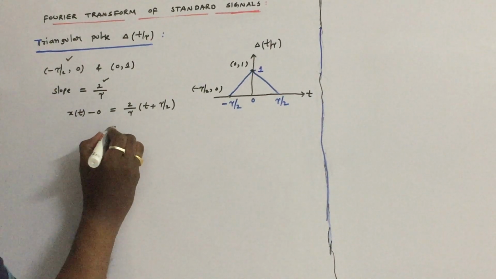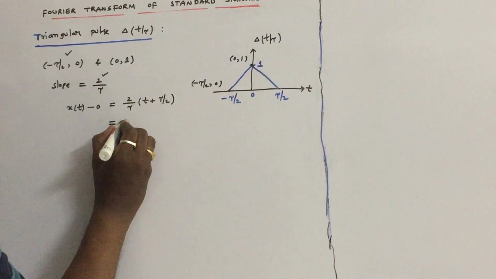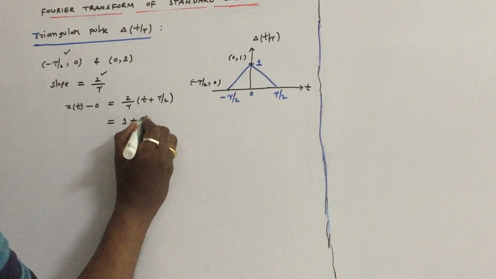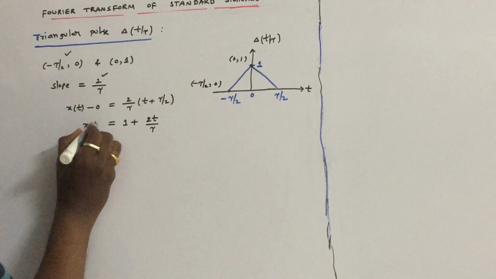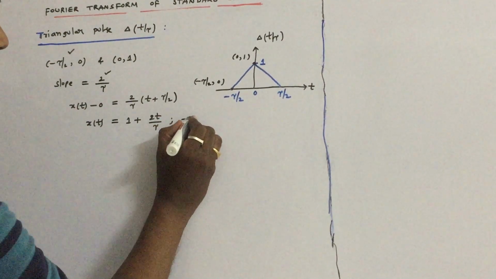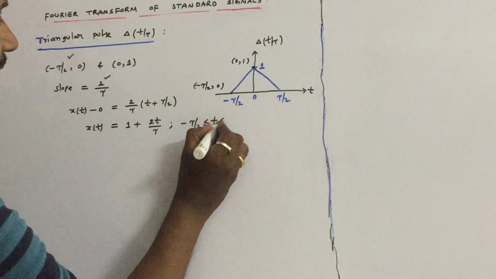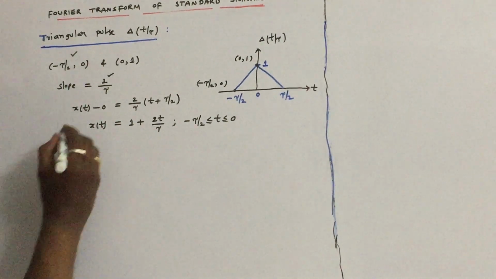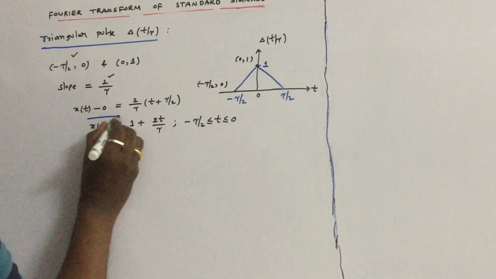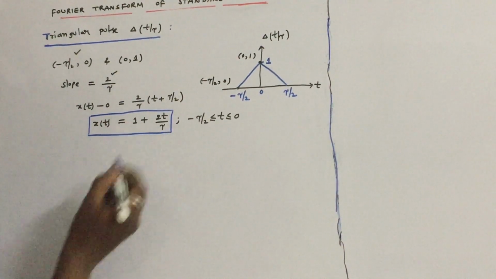So you get τ cancelled, 2 cancelled, and it is written as 1 plus 2t/τ. So this is the x(t) equation, in the interval minus τ/2 less than or equal to t less than or equal to 0.